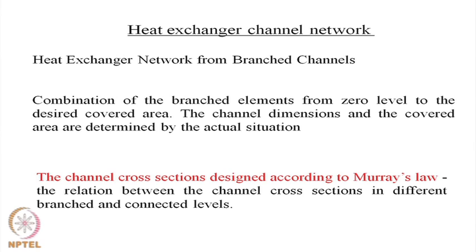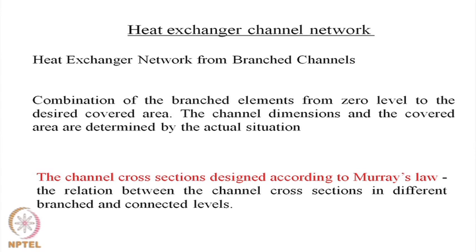And when we think about heat exchanger channel networks, from branched channels, we need to combine the branched elements from level 0 to the desired covered area. Whatever area that we would like to cover, we are going to combine the branched elements. The channel dimensions and the covered area are determined by the actual situation.